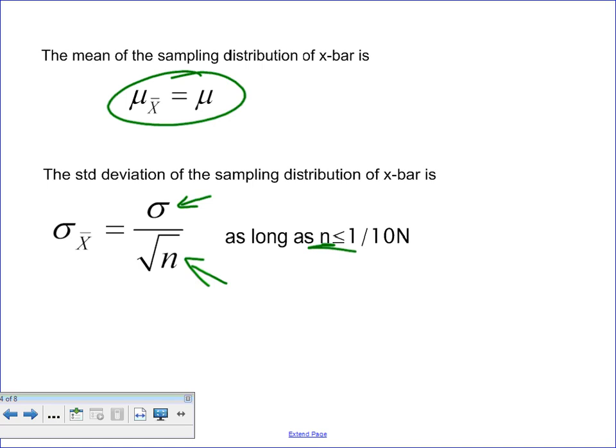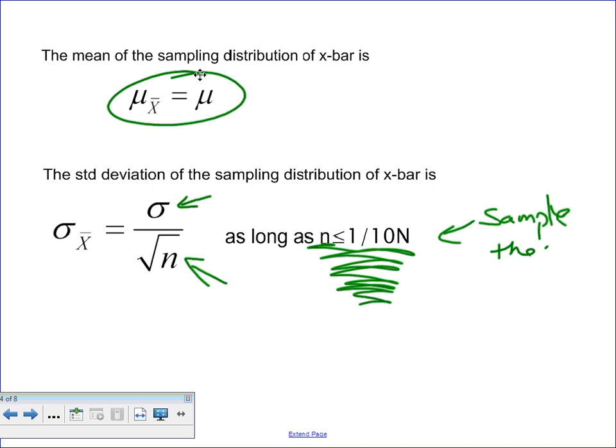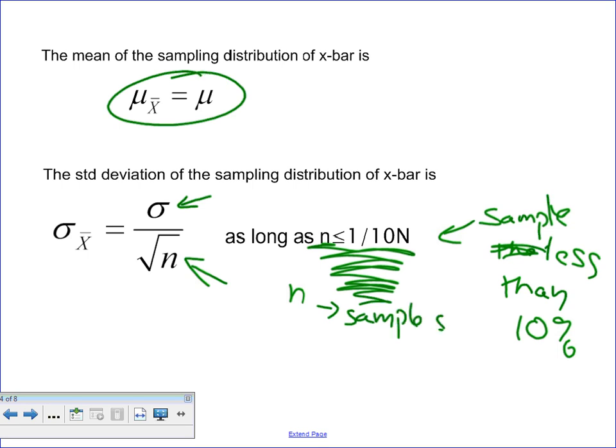And this is true as long as we sample less than 10% of the population, because little n is the sample size, and big N is the population size.